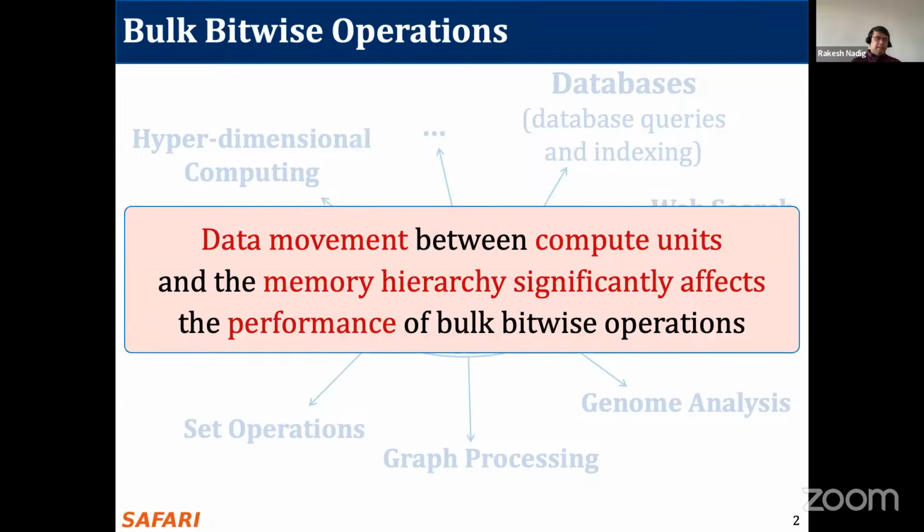As I mentioned, the data has to be moved from the storage system where it is stored all through the memory hierarchy, which includes the main memory and the host, the CPU or the GPU, where the computation is performed, and then the data is stored back in the storage system. This data movement affects the performance of the bulk bitwise operations.